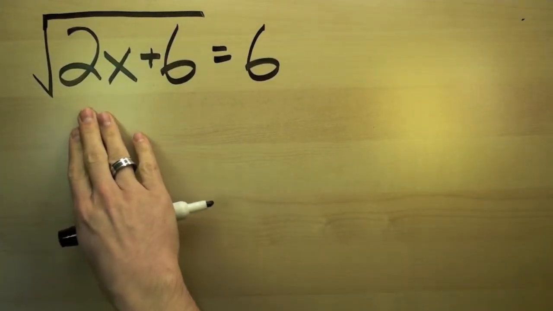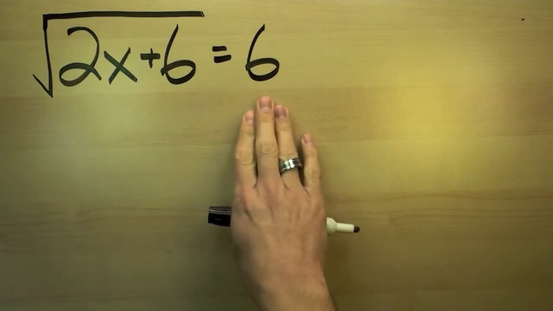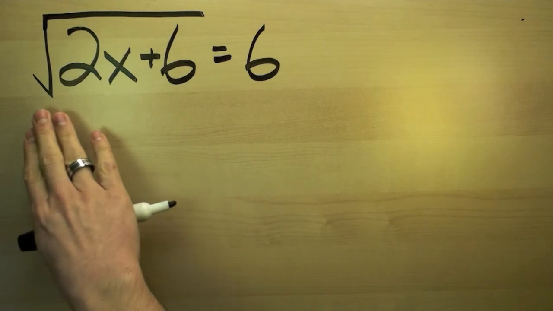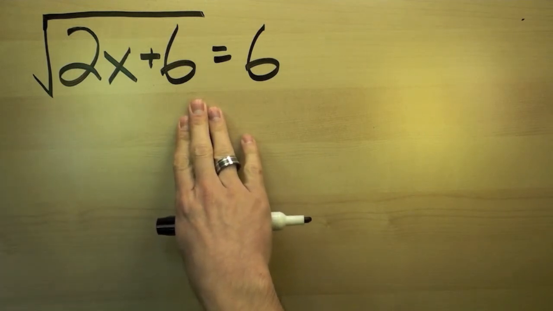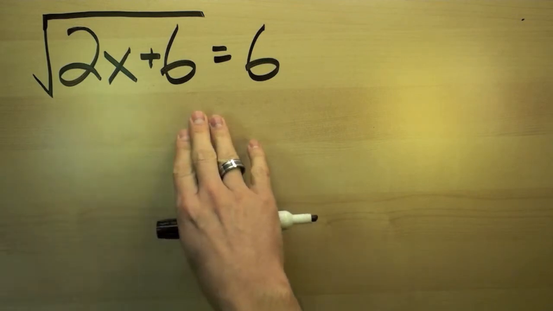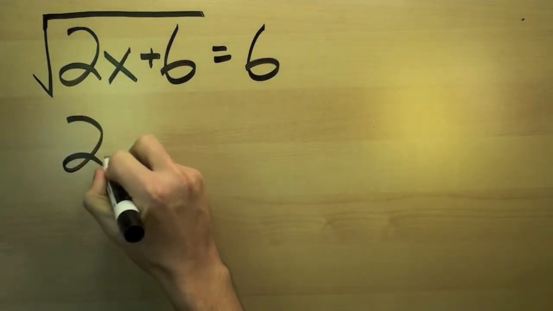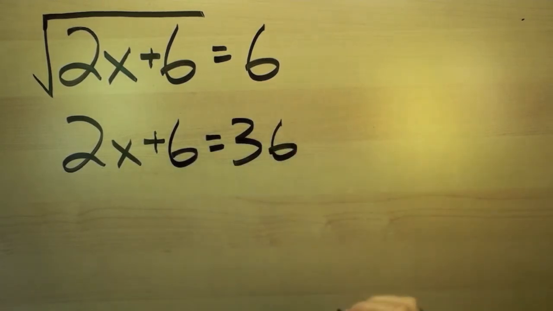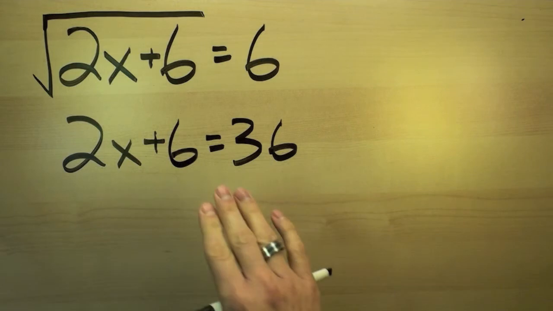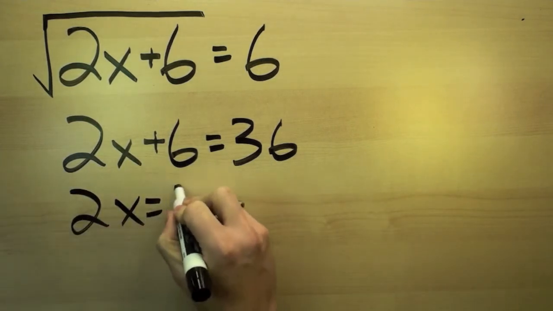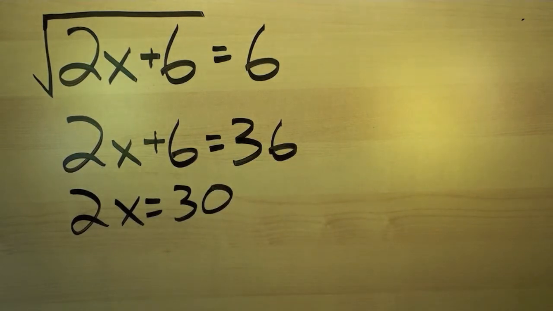Now consider the square root of 2x plus 6 equals 6. So again, we have a problem that already has the root isolated on one side of the equal sign. So now, since this is a square root, we're going to square both sides, giving us 2x plus 6 equals 36. And now we solve this linear equation. So subtract 6 from both sides gives us 2x equals 30.